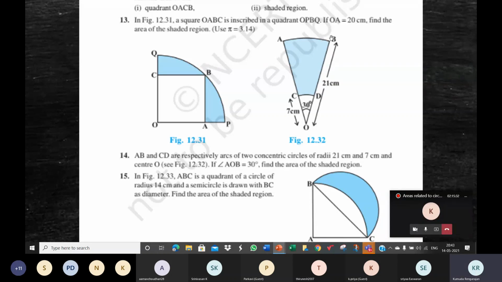From the center to B, the radius is 21 centimeters. Again, from the center O to this point C, which is on the inner arc. C and D are the points on the inner arc. So OC is a radius, OD is a radius, small r. OA is capital R, OB is capital R. So 30 by 360 into pi, capital R square, 21 square, minus small r square, 7 square.